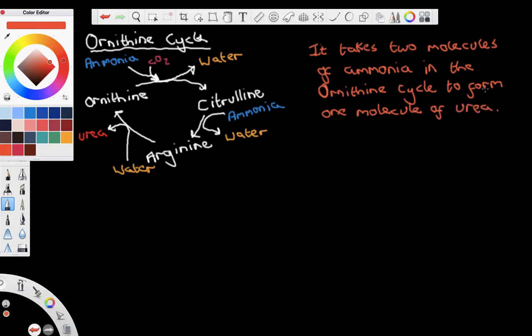Okay? There's essentially 2 condensation reactions and 1 hydrolysis reaction, which gives us a net gain of 1 water molecule.